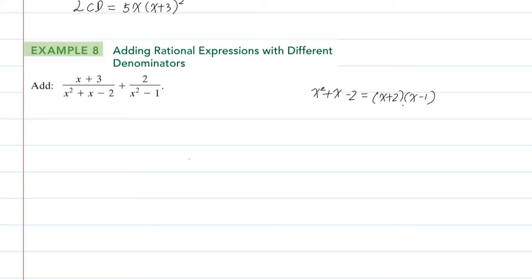Then we look at the denominator for the second expression, x squared minus 1. We factor this and get x plus 1, x minus 1.